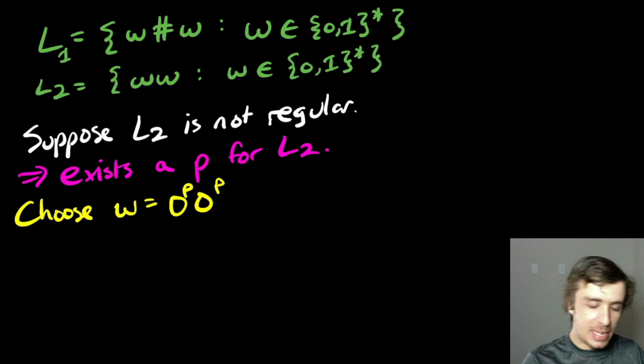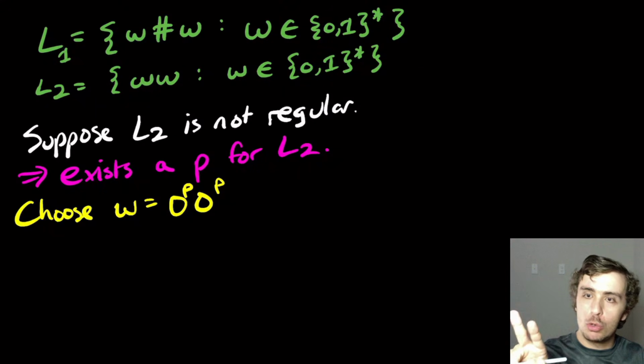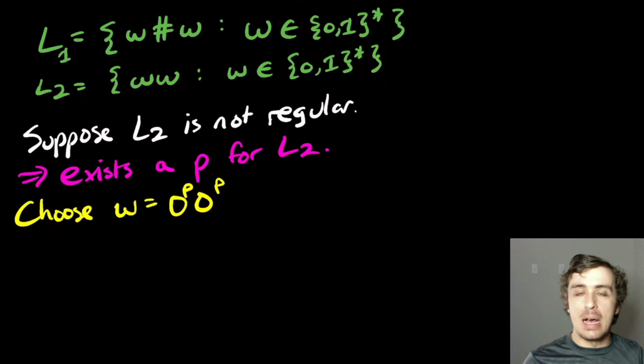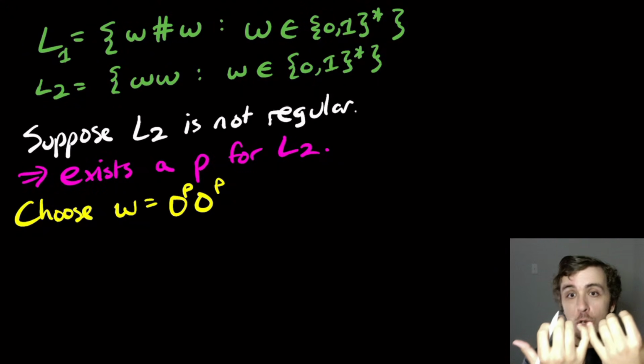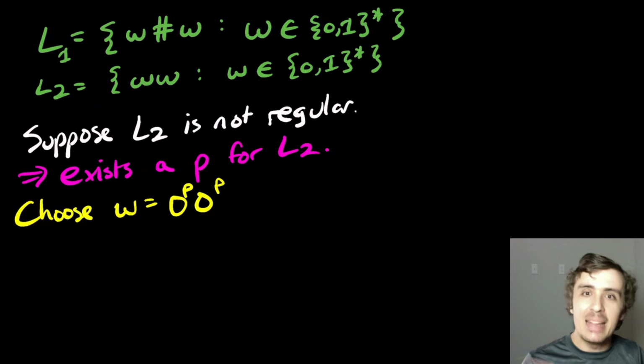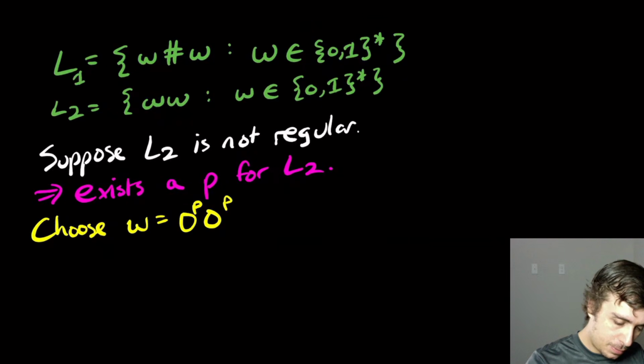The problem is, since this string is all zeros, if the pumped piece has an even number of characters, then pumping up or down always leaves an even number of zeros. And if the whole string is zeros with an even number of zeros, then the two halves are exactly the same, and that doesn't help us. So let's not do this.